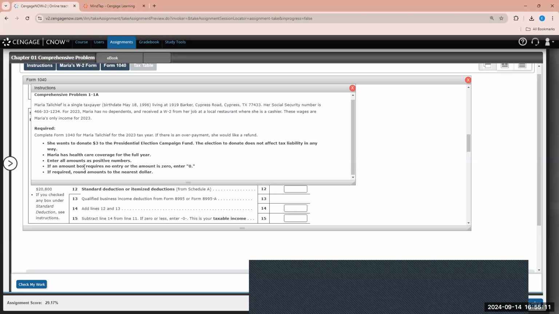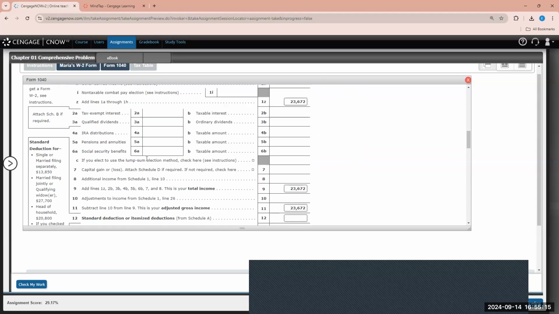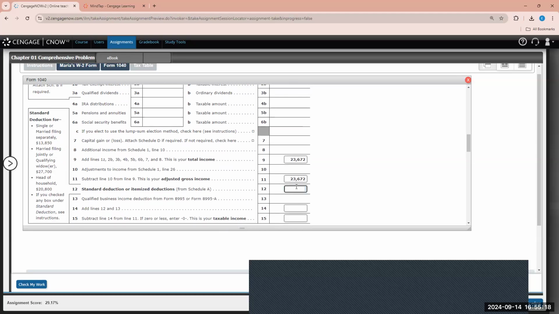Here we look at this information, and it doesn't provide us with any information about itemized deductions. In some cases a person didn't pay any medical expenses or make any charitable contributions and things of that nature. So the IRS accounts for the fact that not everyone incurs these personal expenses that are allowed as deductions for tax purposes.